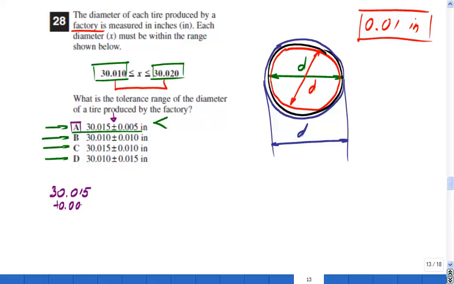What am I adding? I'm adding 0.005. What am I getting here? Well, make sure first of all you line up your decimal point. I have 5 plus 5, 10. 1 plus 1, 2. 0. Bring down the decimal point, 30.020.